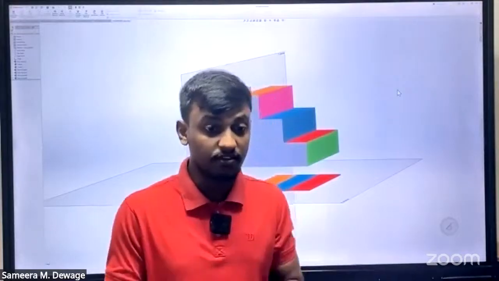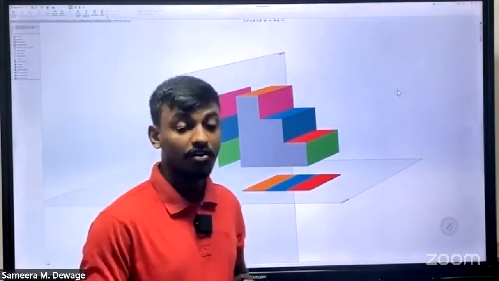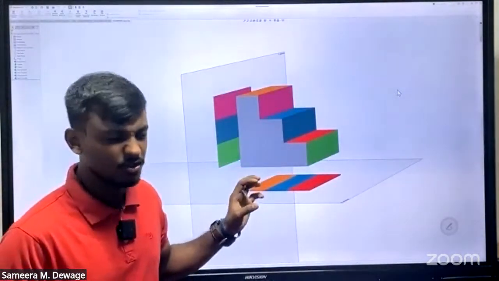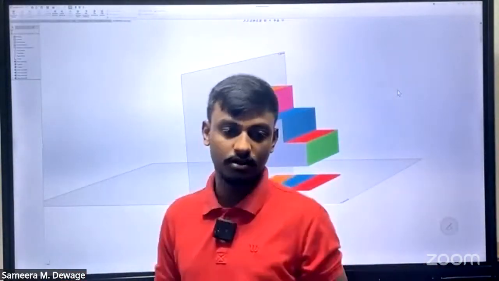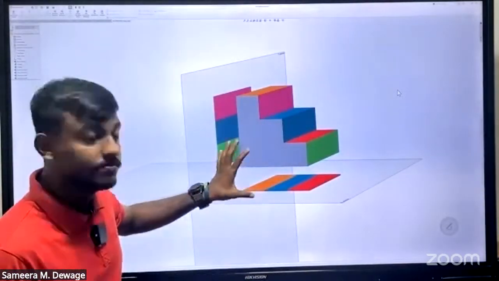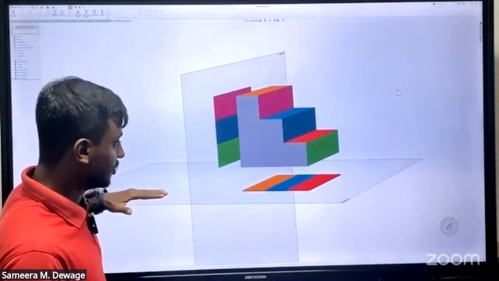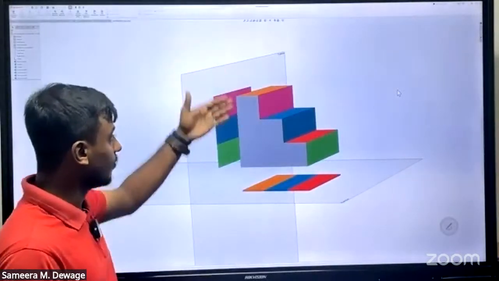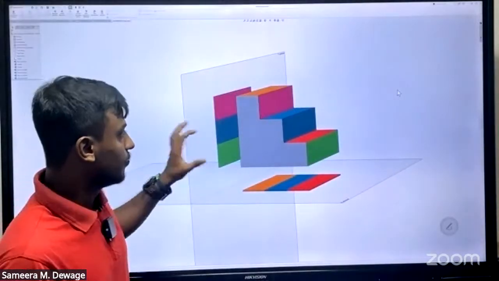Before that, we should know about the quadrant system. You can learn more about the quadrant system in SFT under trigonometry. But here, simply, this is your x plane and this is your y plane.